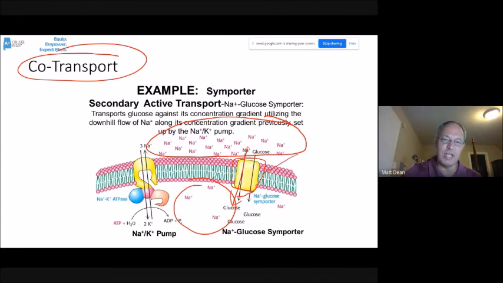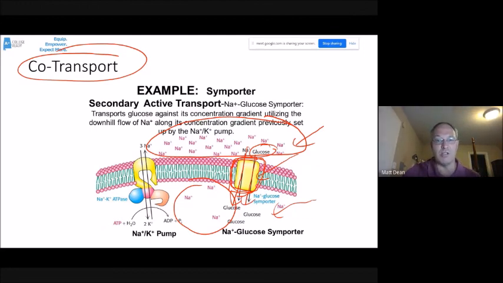And this protein can use the energy of those moving sodiums to transport something else against its concentration gradient. So in this case, there's not a lot of glucose outside the cell, but there is a higher concentration inside. This protein is going to use the kinetic energy of those moving sodiums to power the pumping, essentially, of glucose from lower concentration outside the cell into the cell.